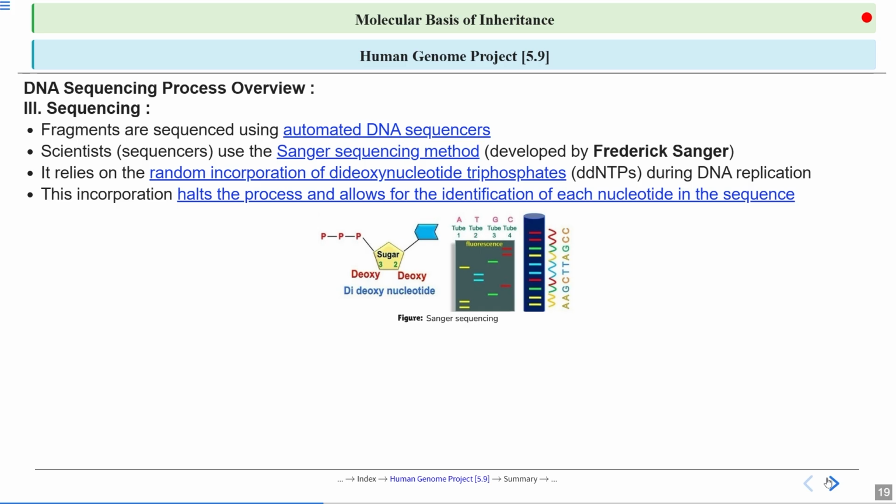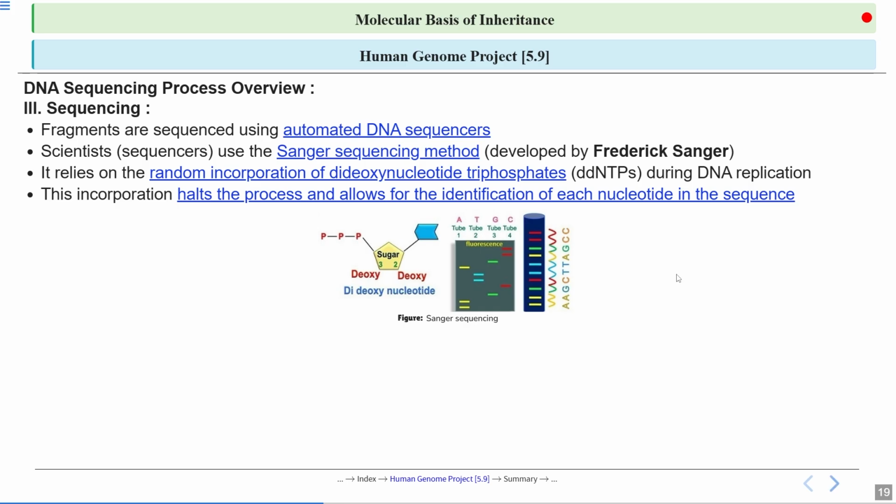It lacks a 3' hydroxyl group, which is necessary for DNA polymerase to add further nucleotides. So this ddNTP has what? It lacks the 3' hydroxyl group necessary for DNA polymerase to add further nucleotides.